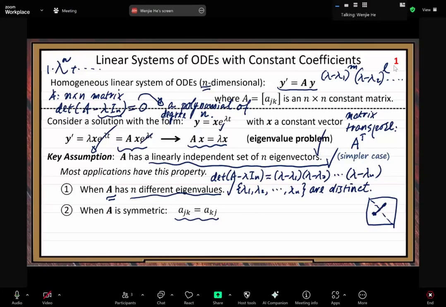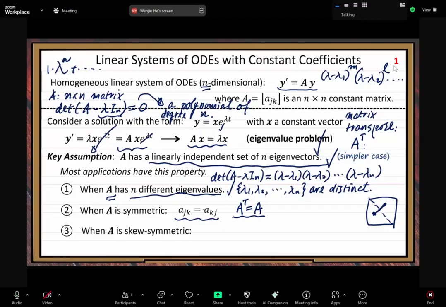More frequently, capital T represents transpose. Then, for the symmetric matrix, we can write A transpose equals A. That's the symmetric case. A is symmetric, its transpose equals itself.